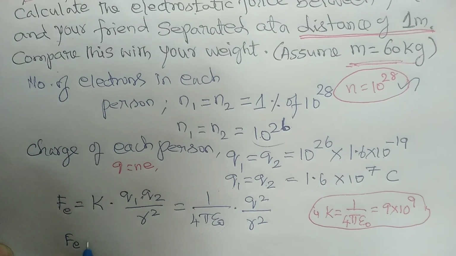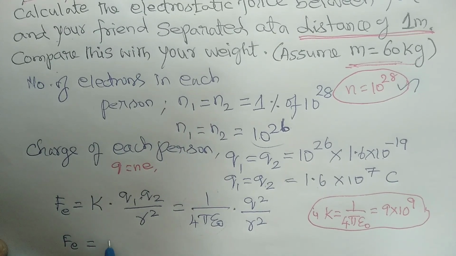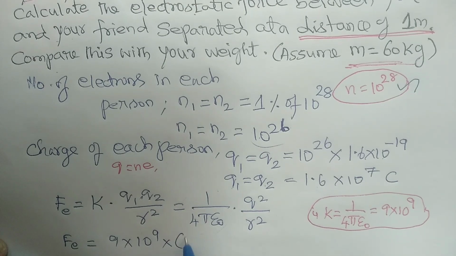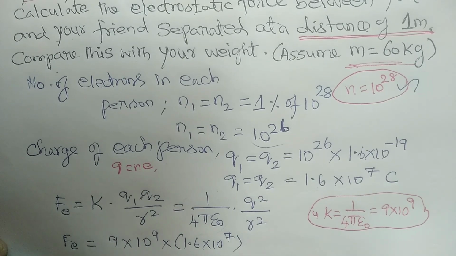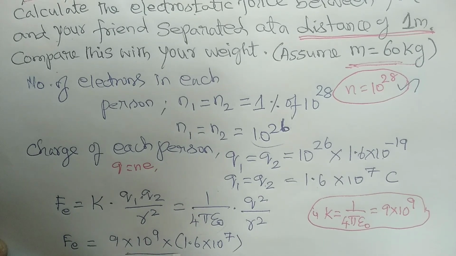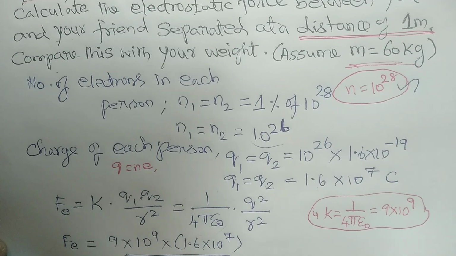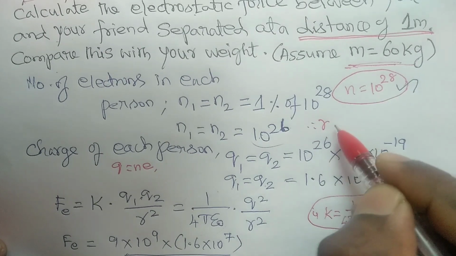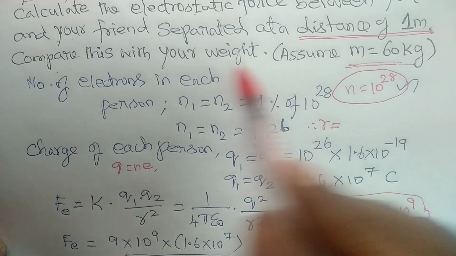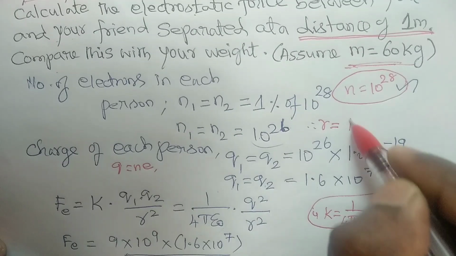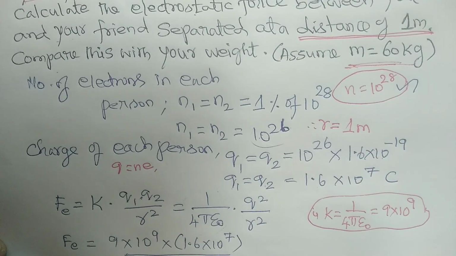So F_e is equal to 9 into 10 power 9, times q square, that is 1.6 into 10 power 7, divided by r square. What is the value of r? Given data, r is equal to 1 meter, so 1 square.